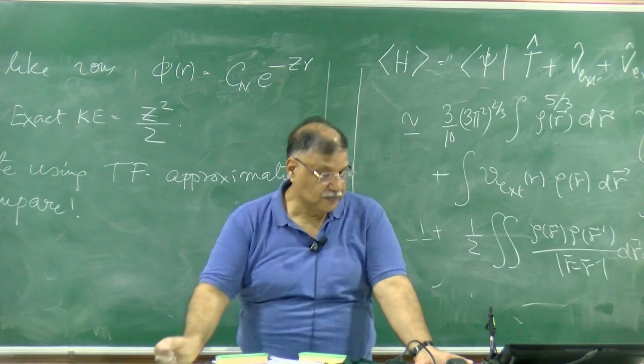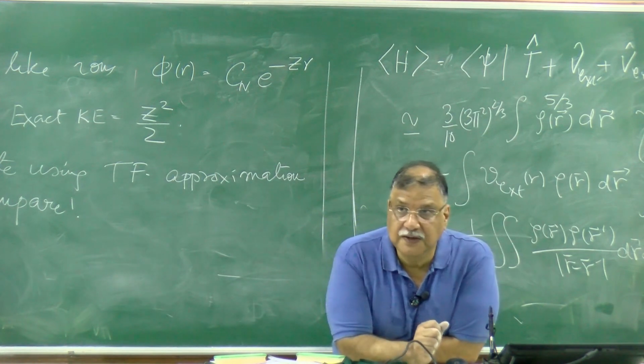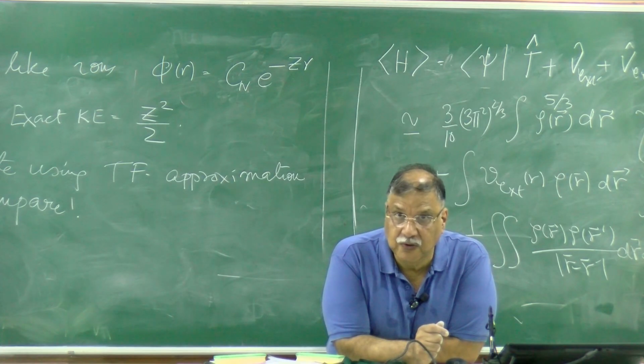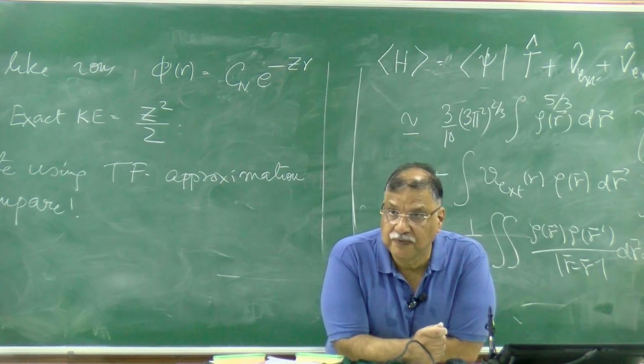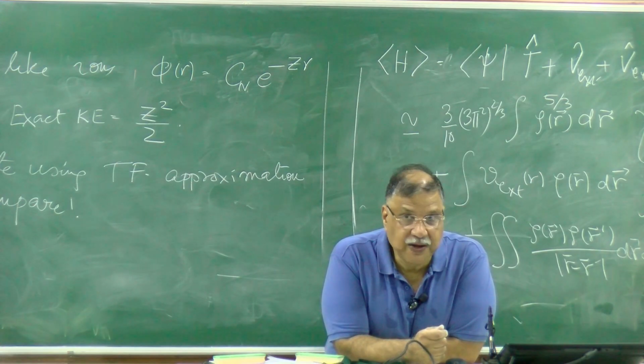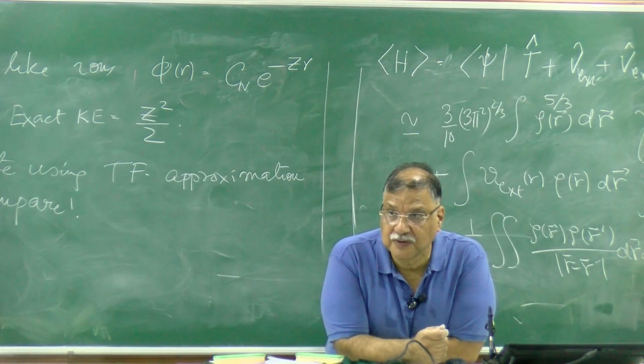Any questions, comments? We have replaced that entire Hamiltonian expectation value. Rather than working in terms of the wave function, I'm now working purely in terms of the density. But we have to figure out how accurate these approximations are.